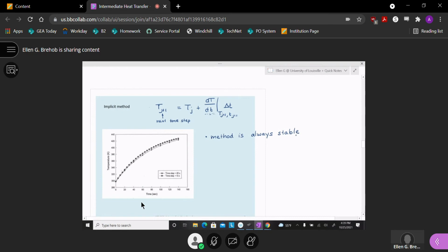So you can make your calculations more accurate by choosing a smaller delta, but you're always going to have a stable solution.